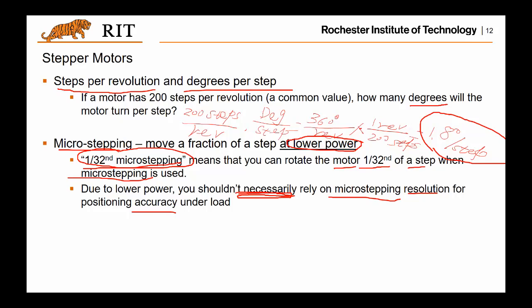So if you talk about the motor resolution or accuracy, you always want to talk about the full step instead of the micro stepping, because you have no control on it.